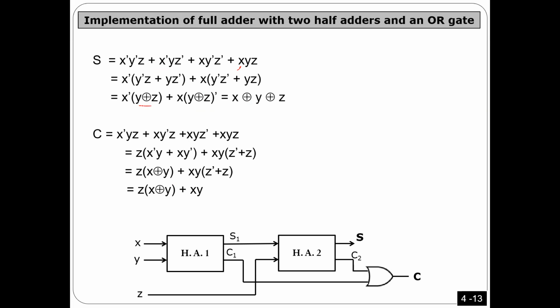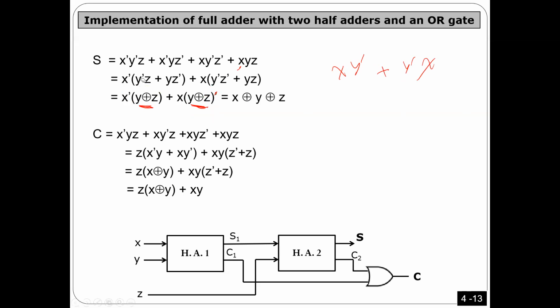Here you have Y XOR Z, and Y XOR Z here, but this is the complement of it. So you have X and something, and you have X and something inverted. So it's like you have X Y prime or Y prime X, which is another XOR.